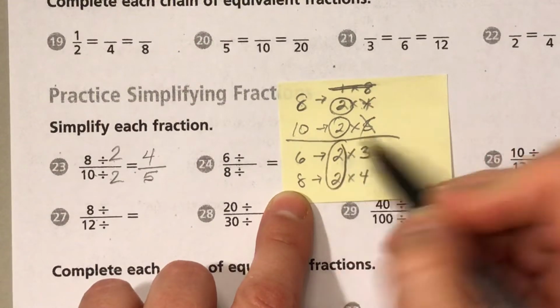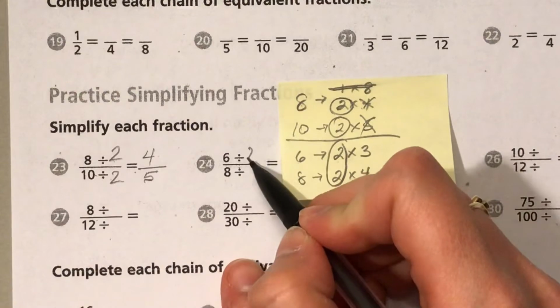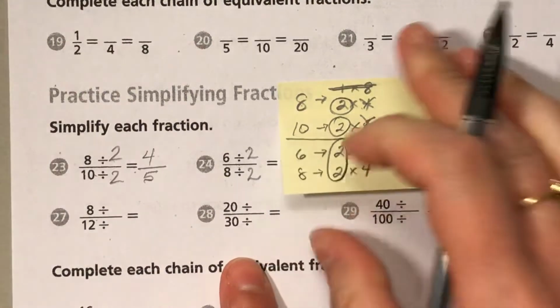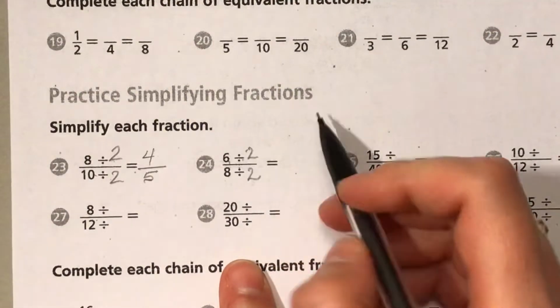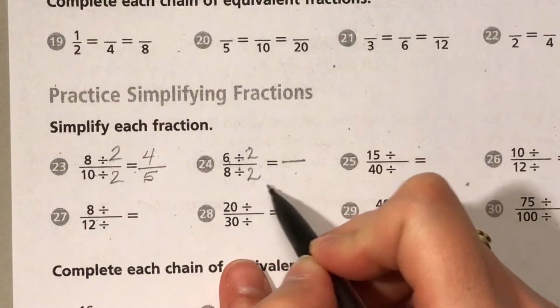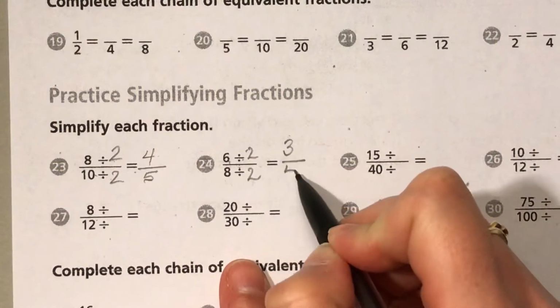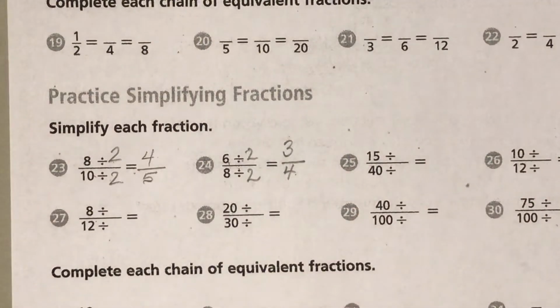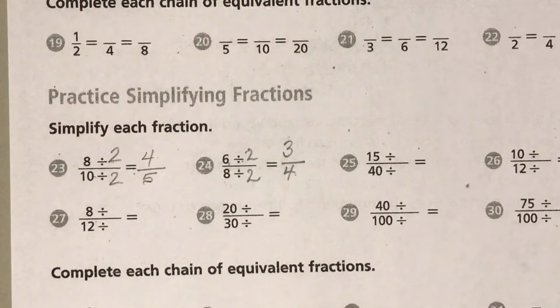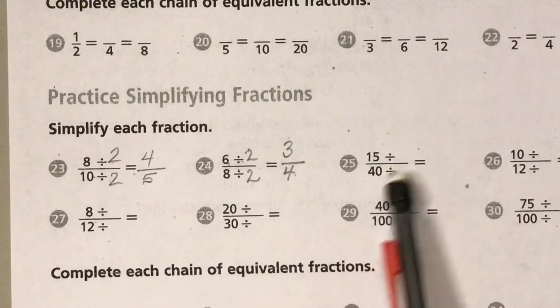If you said the 2's are common, you've got it. 2's are common. 6 divided by 2, 8 divided by 2. 3/4. So now, pause the video. I want you to try finding the common terms for 25 and 26.